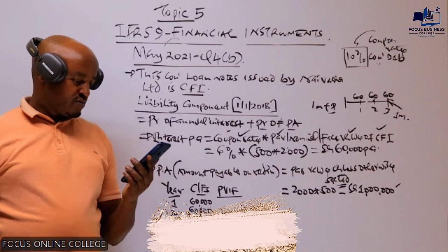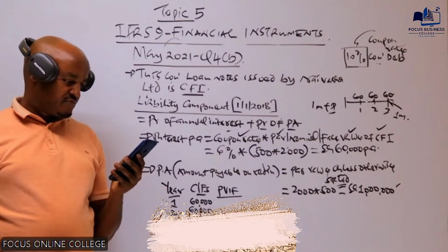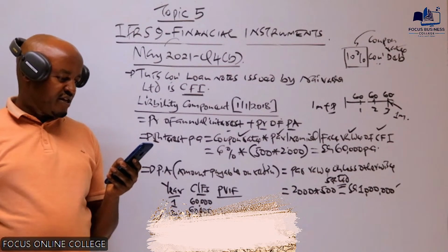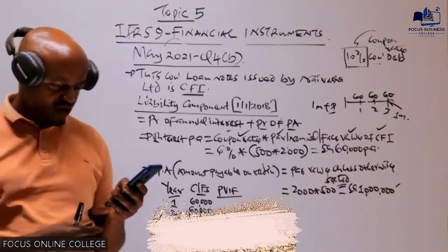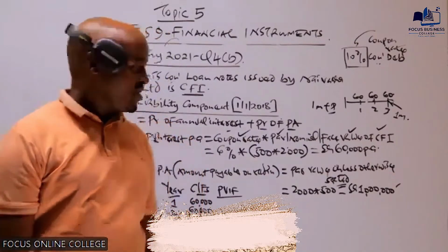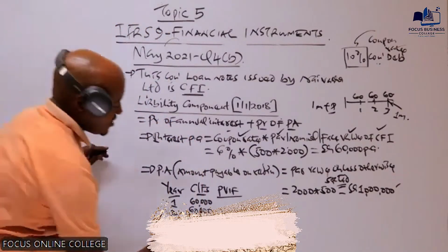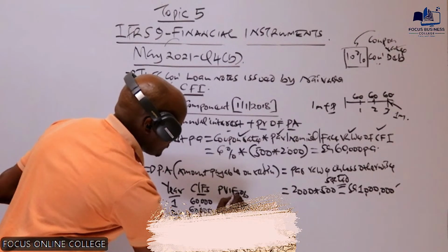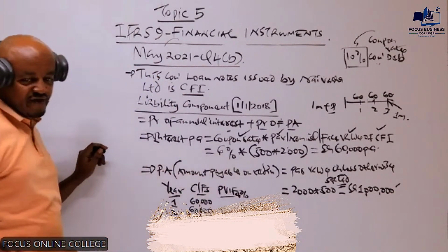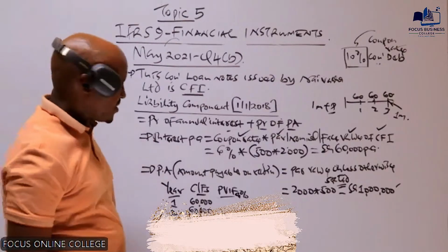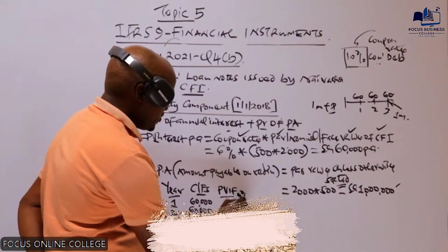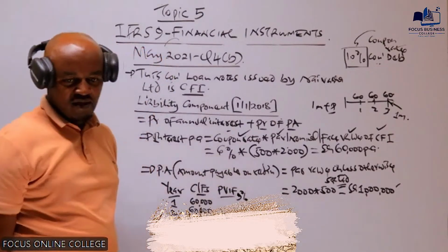In paragraph 2, the last sentence, the prevailing market interest rate for 3 years raw notes without conversion option is 9%. So that 9% is the one we use for discounting here. So we multiply this with the present value interest factor at the rate of 9%.